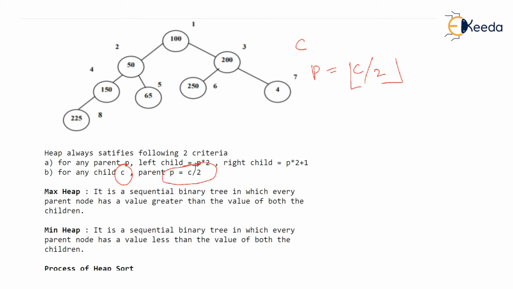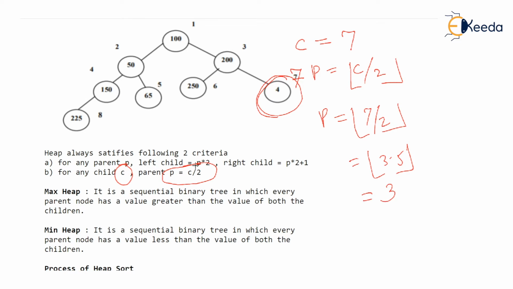So just as an example, if C is 7, we are talking about the 7th node and we are asked who is the parent. Then the parent of this is 7 by 2, but we take floor of 7 by 2. So that is floor of 3.5 and floor of 3.5 is 3. And indeed, the third node, as I am pointing out here, is the parent of the 7th node.